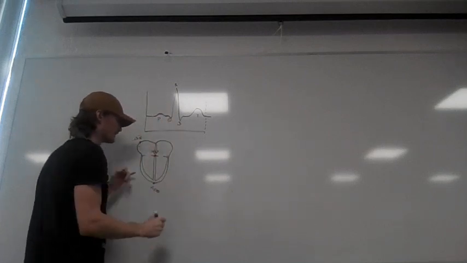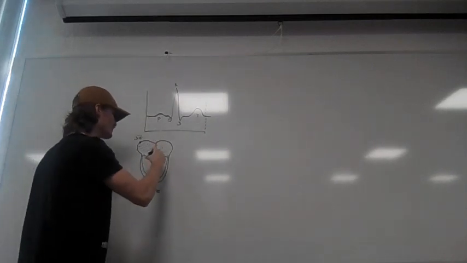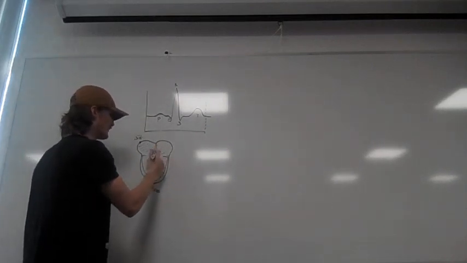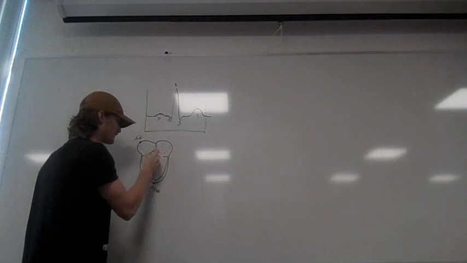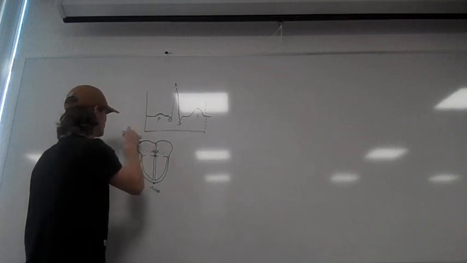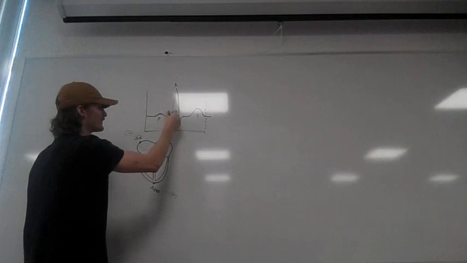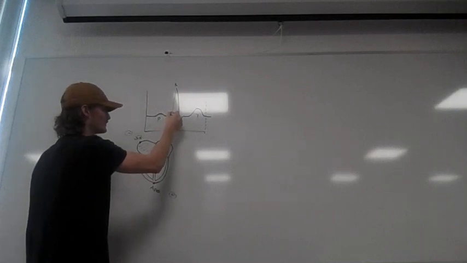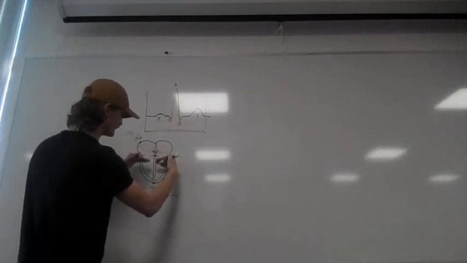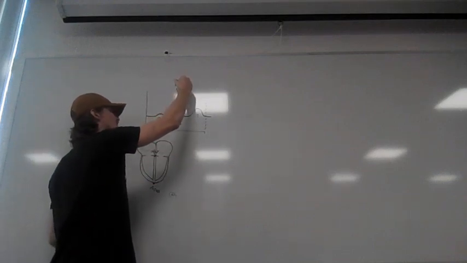And then the AV node is going to spread out from here, and it's all going to depolarize too. Now, it's not directly on the AV node. In the book, it showed it right here. So a little bit of it starts going towards the negative sensor. So that's why there's a little bit of a dip on the Q. But then the majority of it is going to be shooting down towards the positive, and that's why we get a massive increase.